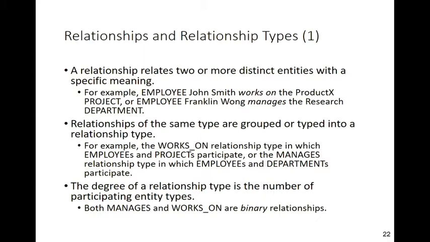So the works on relationship in which employees and projects participate, right? So we're looking to manage those. And the degree is the number of the ones. So it's typically a binary, meaning between those.